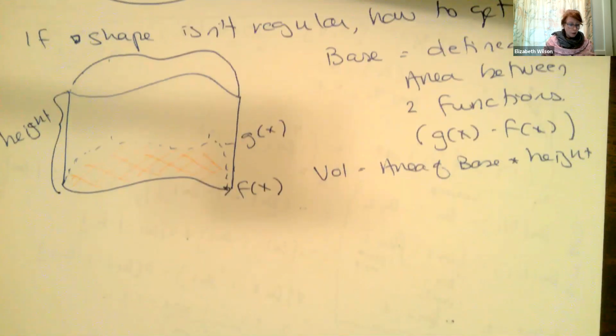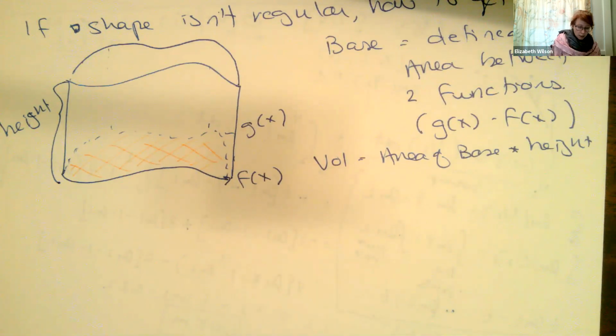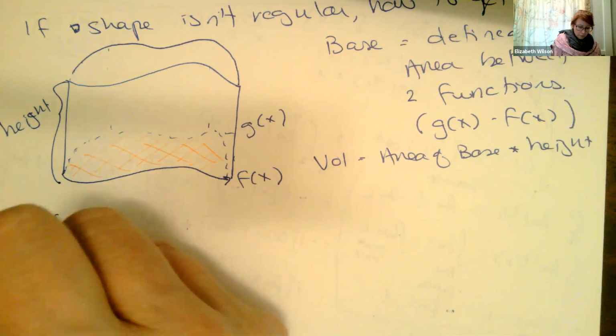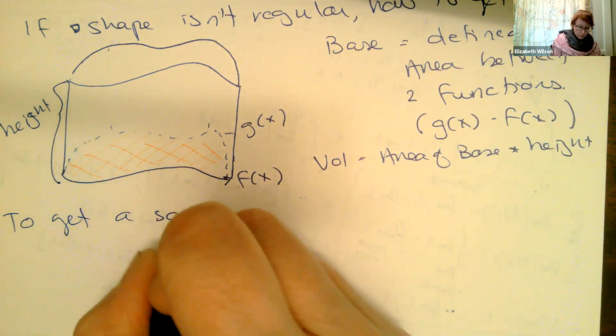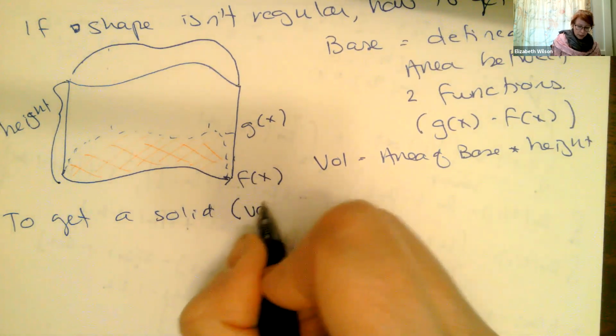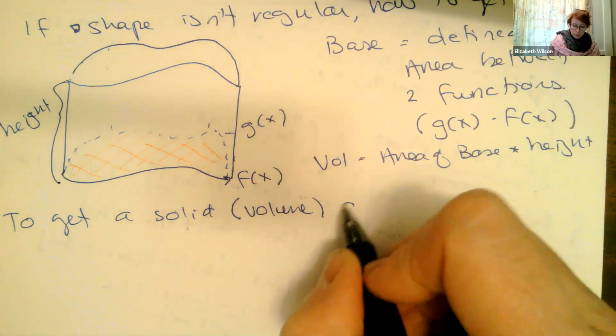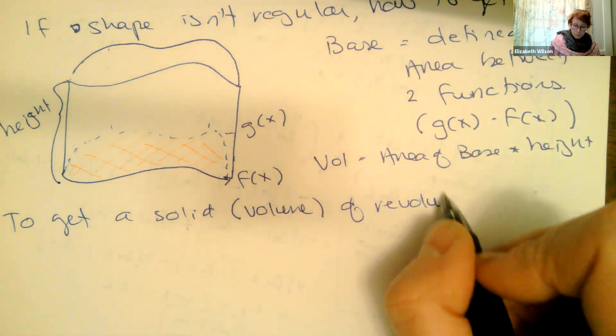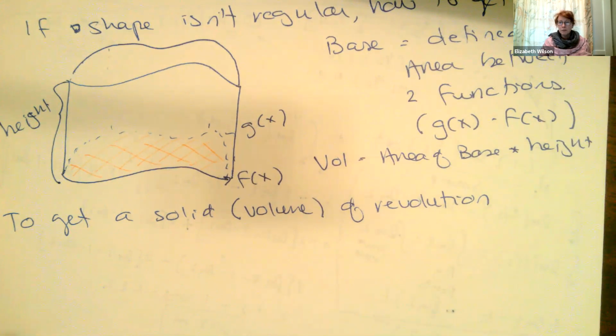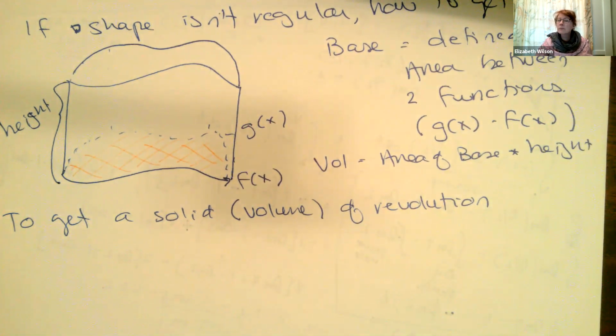Now, if we think about a volume of revolution, a solid, we're trying to calculate the volume of revolution. We're going to revolve a function around an axis.